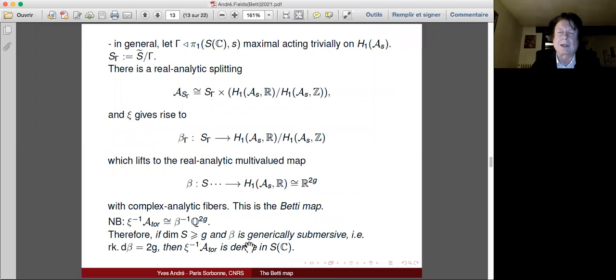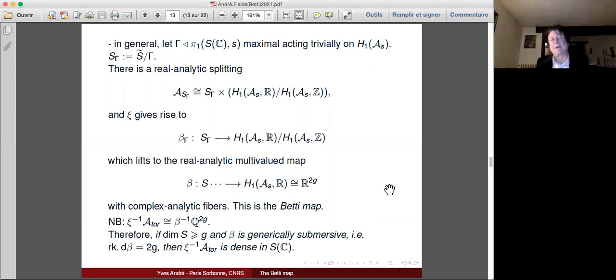So now let us turn to the general situation of an abelian scheme. Let us denote by gamma the maximal normal subgroup of the fundamental group of S which acts trivially on the H_1 of some fiber of the abelian scheme. And let us denote by S_gamma the quotient of the universal cover of S by gamma.